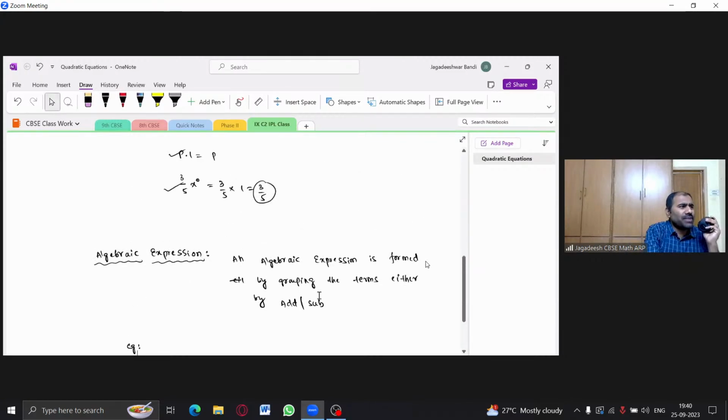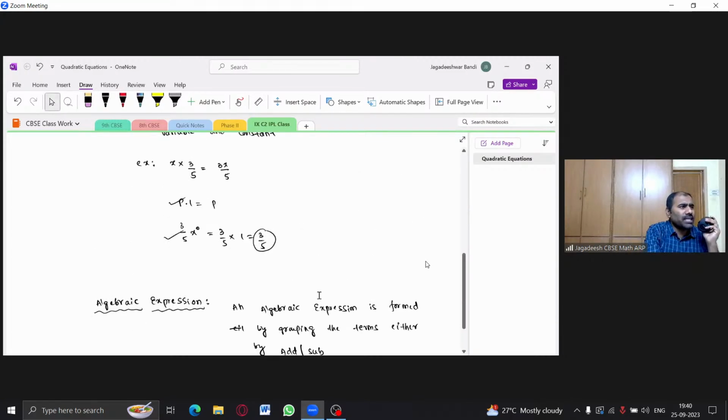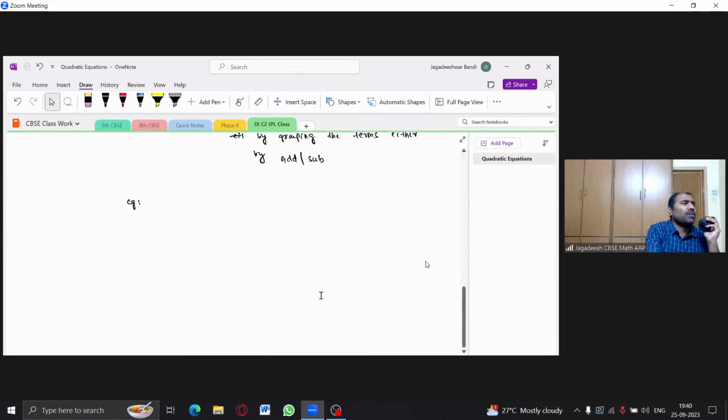Already in the previous case, we have seen terms. So the terms are 3x by 5, p and 3 by 5. Okay. So let me group those terms only. 3x by 5 is one term. P is another term. Even, okay, fine, 10. So I want to group these terms by what, children? Either addition or subtraction.